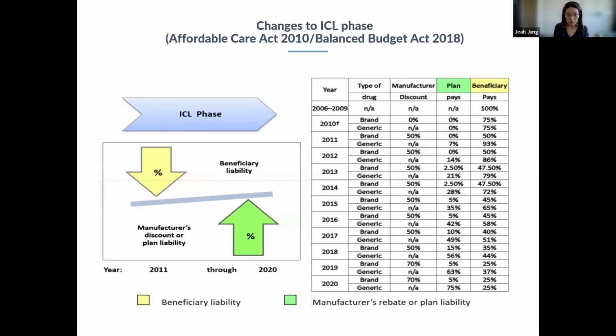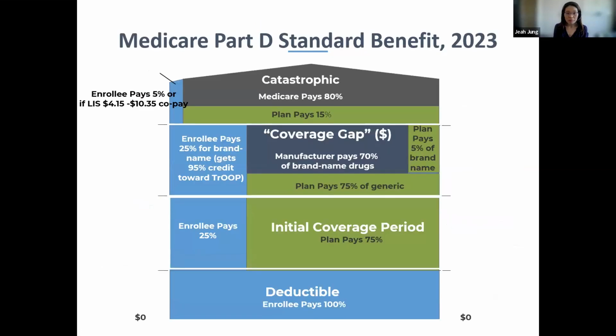Now, this simply shows how the donut hole, or the initial coverage phase, has been closed over time. This is 2023. We already looked at this one, and I also have a 2024 slide, but I just wanted to show here that by 2023, the donut hole has already been closed.